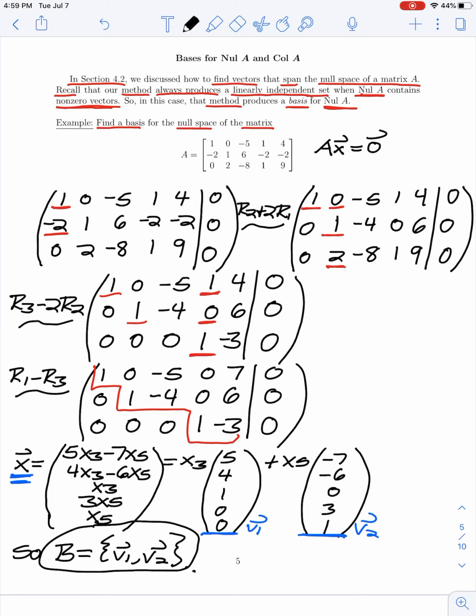All right. So our same process that we were using in section 4.2 to find a spanning set for a null space is guaranteed to generate linearly independent vectors which span the null space and therefore a basis for our null space.